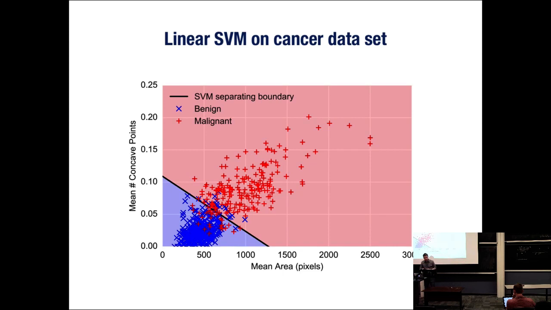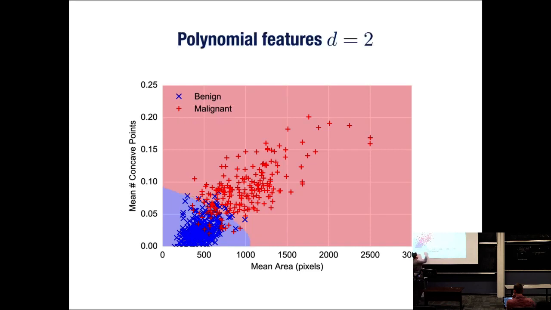In the case of higher degree nonlinear features, you often cannot get a closed form expression for this boundary anymore. But I can still plot what these things look like by sampling a whole lot of points across this whole space and seeing if they are classified as positive or negative.